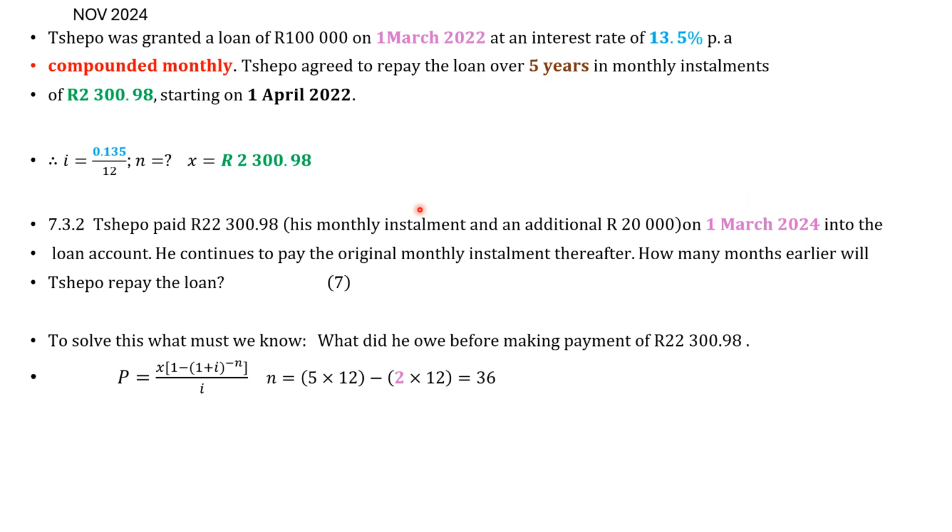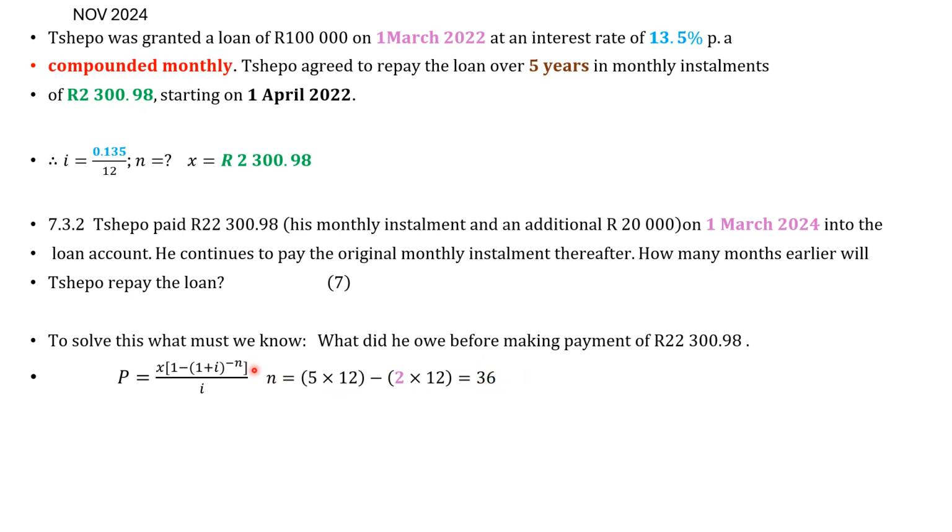He started paying a month after, and from there till there is 2 years, so 2 times 12 is 24. So 60 minus the 24 gives me 36, and we have to ignore the 36 because he hasn't reached that time period yet.